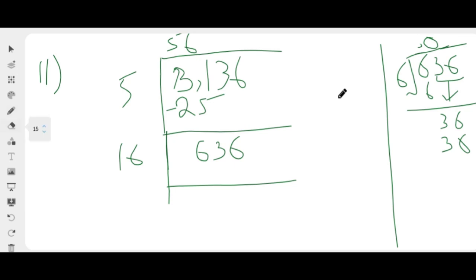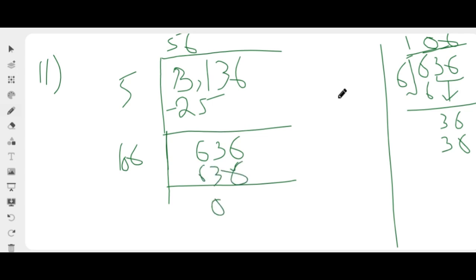So this will be 106. Now you have to multiply 106 with 6. You will get the exact answer 636. Now 106 will be placed here, and that is the 636. This is how you have to solve this.